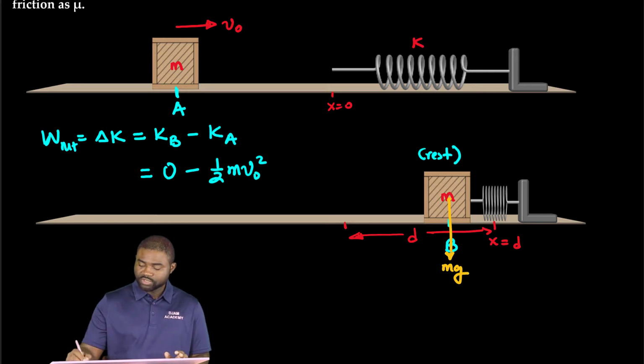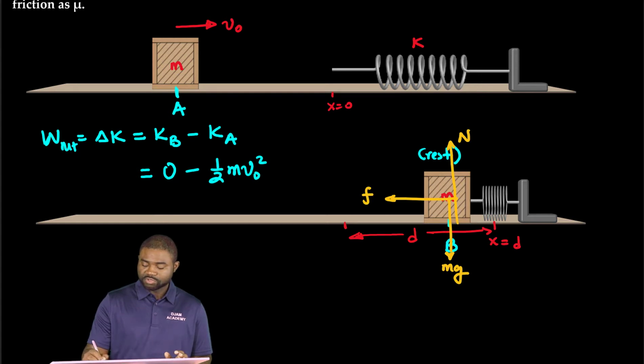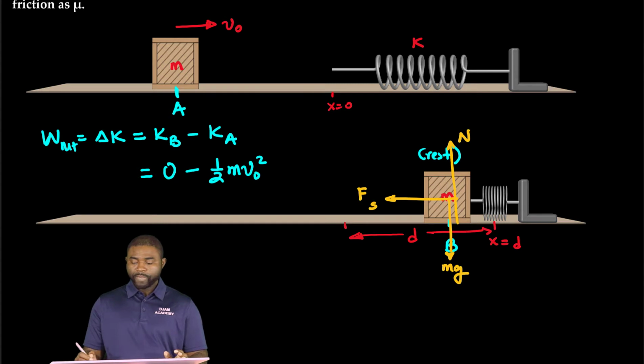There is no friction in this case. This is N. Now the force in this direction is F sub spring, the spring force, capital F of S, which is given by Hooke's law.